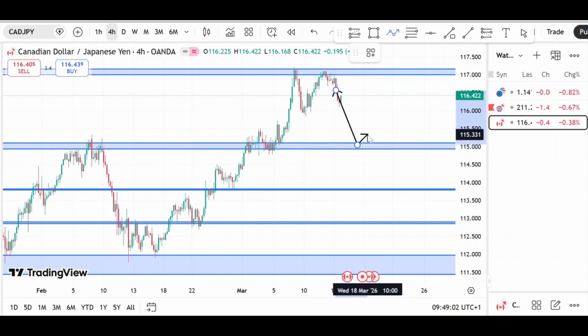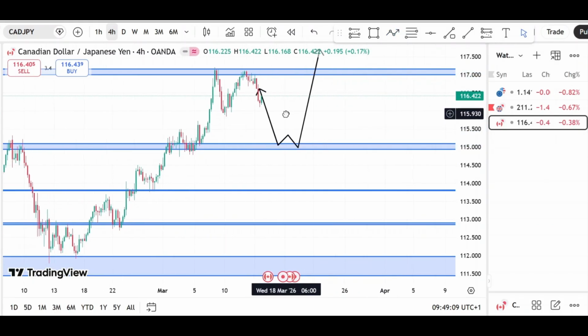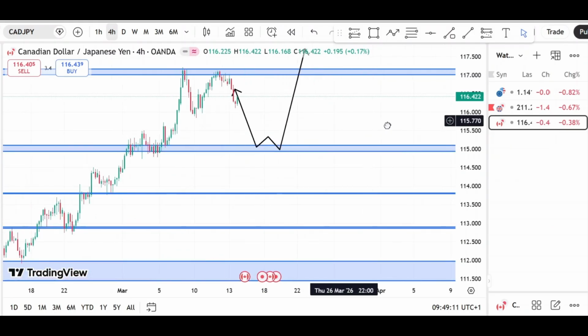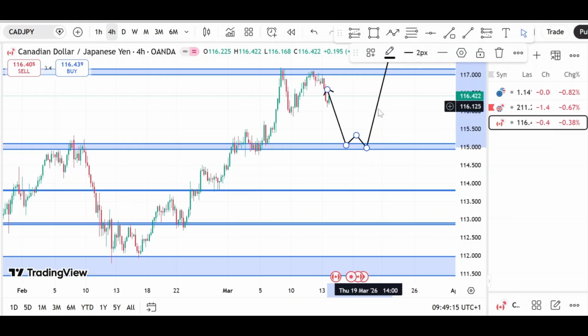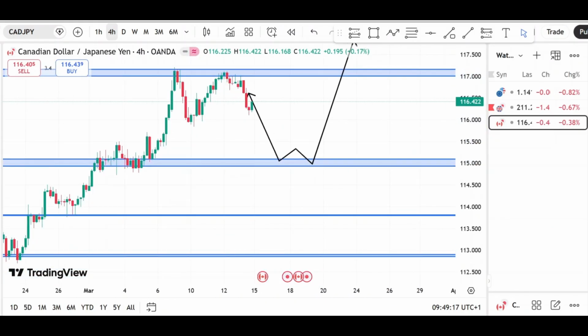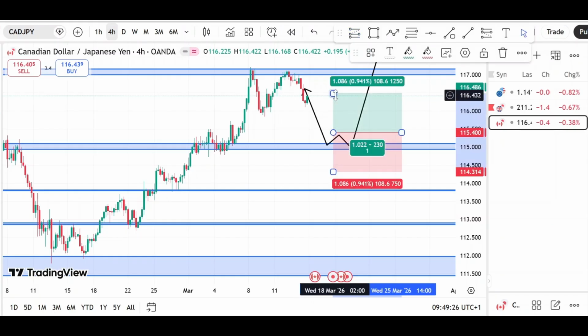Here I may expect the formation of double top, meaning double bottom, before we enter for buy. Remember, we always think in probabilities and what might happen. And then after formation of this complete higher low, we are going to enter for buy like this.